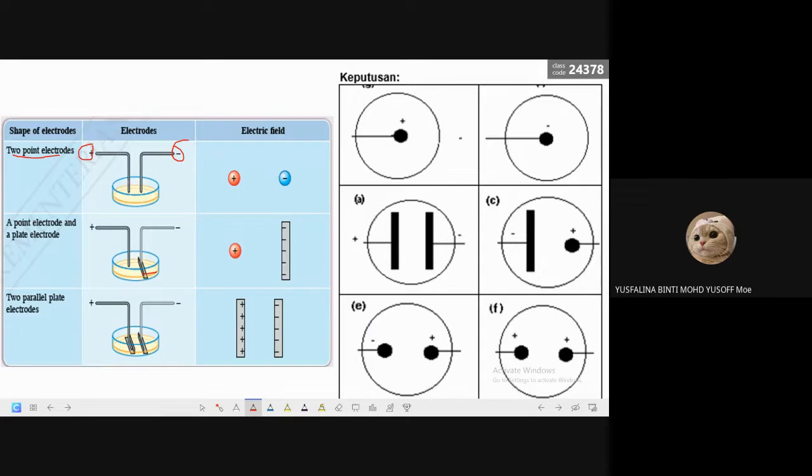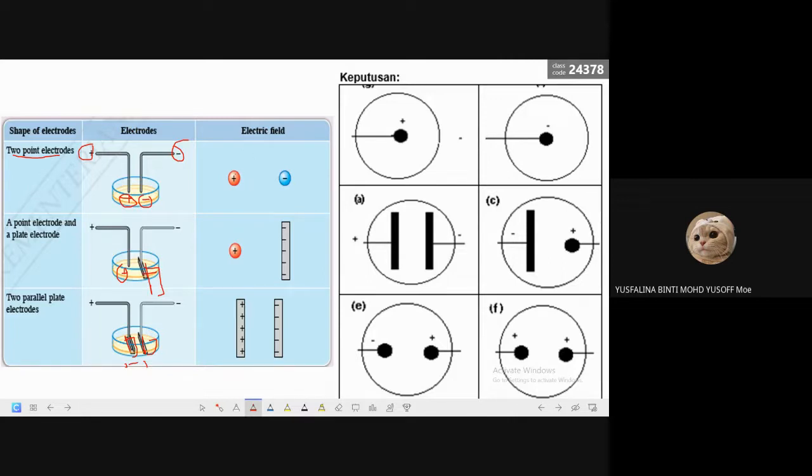Like this one they say positive and this one negative, so only one charge like that. But for this one is a positive, one charge like that, but this one they use a plate of electrode. And this one they use both of them, they use a plate, positive and negative. So how do we want to draw the electric field for each of the diagrams?